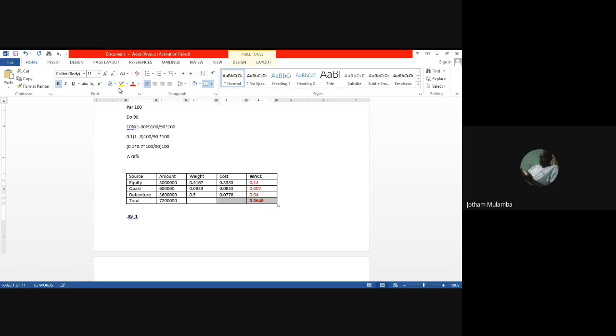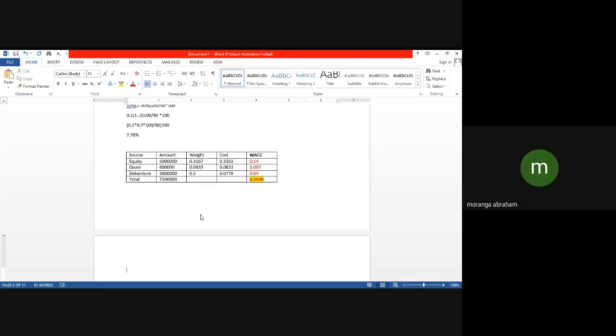This is what we are calling the weighted average cost of capital. So we can convert it into percentage. If you convert that into percentage, what do you get?